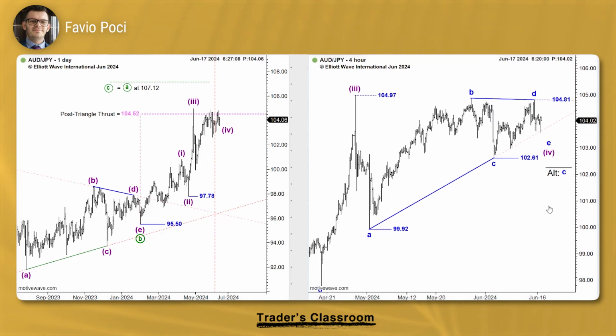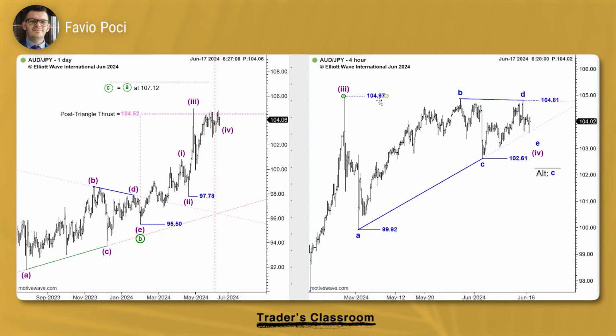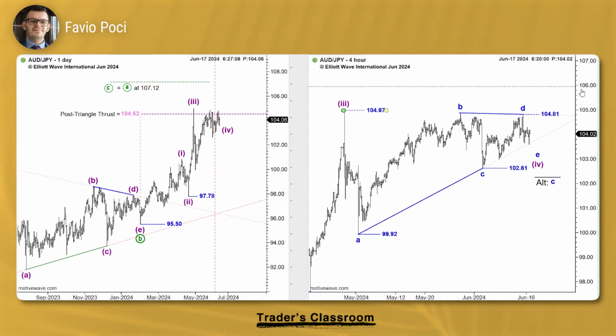So that eliminates those multiple ones and twos, keeps the expectations still higher but reasonably bullish. One final higher high above 104.97. Maybe we can get another thrust. So we have here another post-triangle thrust in wave 4 at a lower degree, wave A, B, and C here.